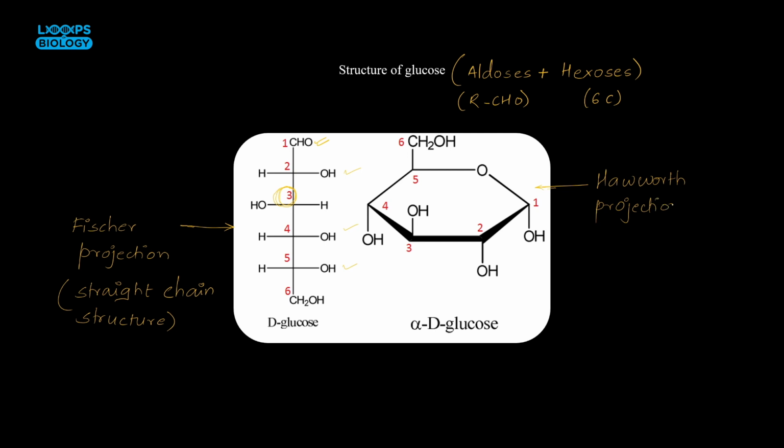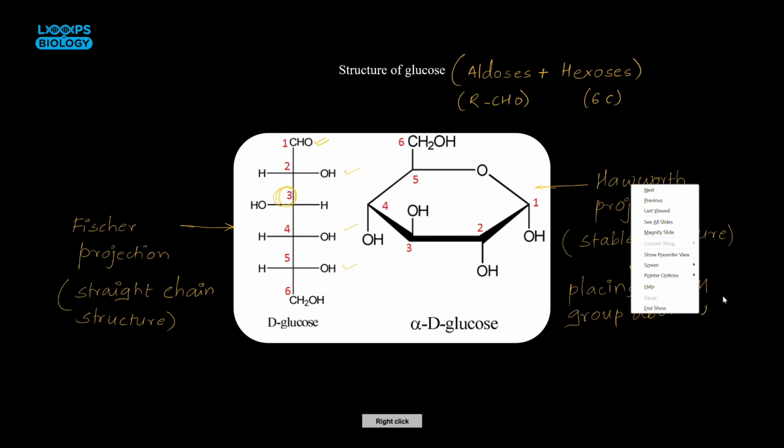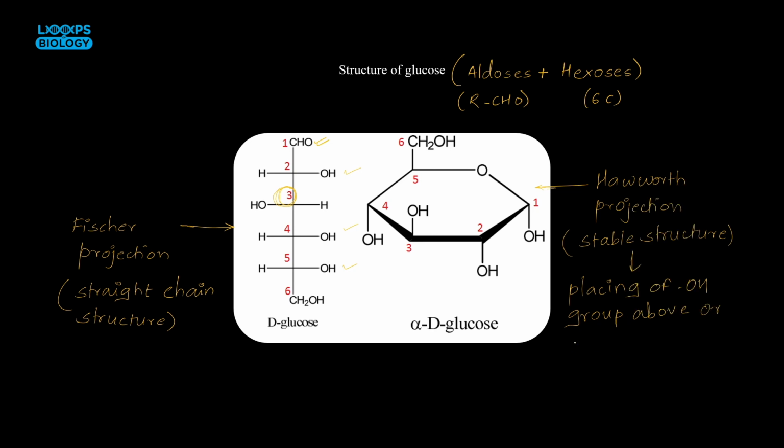And this Haworth projection is nothing but your stable structure, which is formed based on placing of the hydroxyl group above or below the plane. So that's why this structure is completely based on planar symmetry.